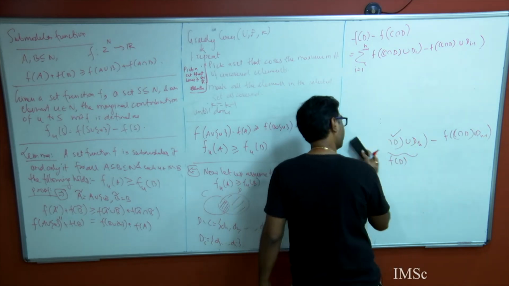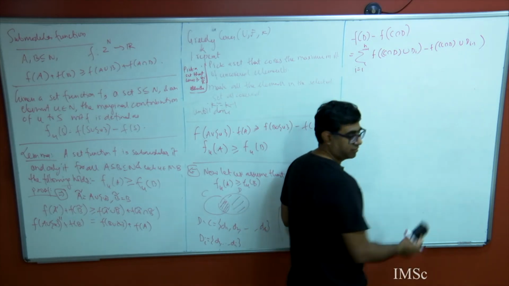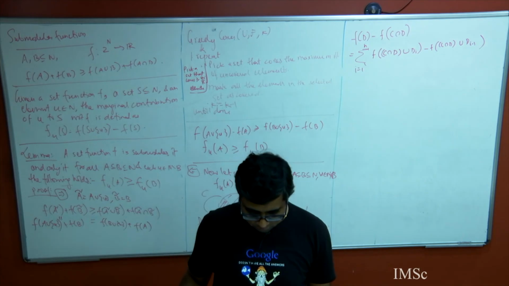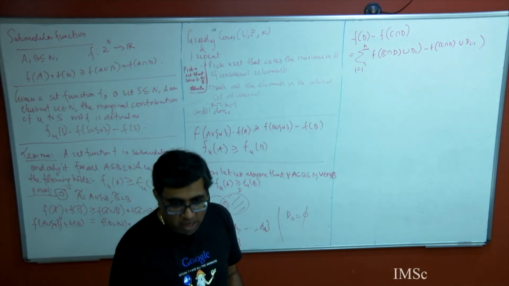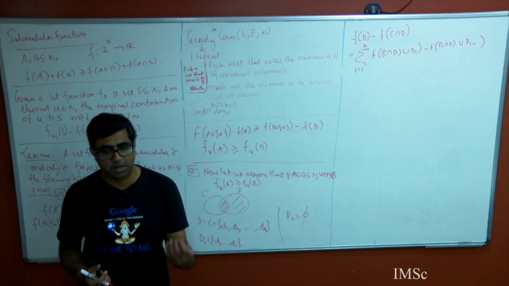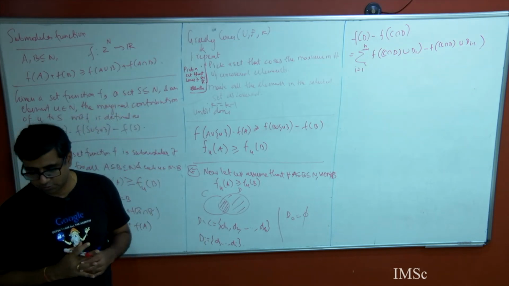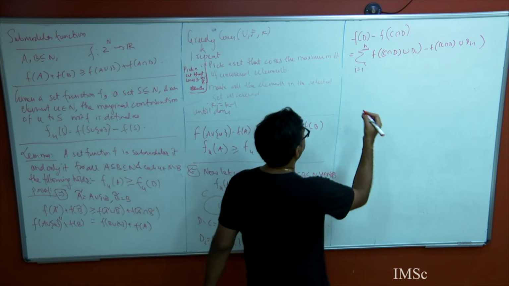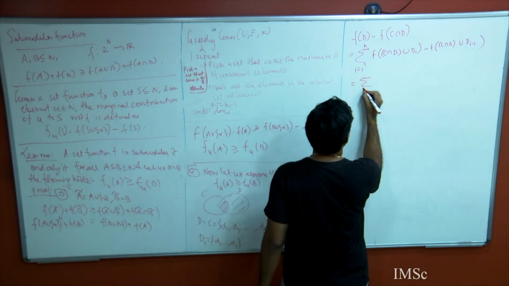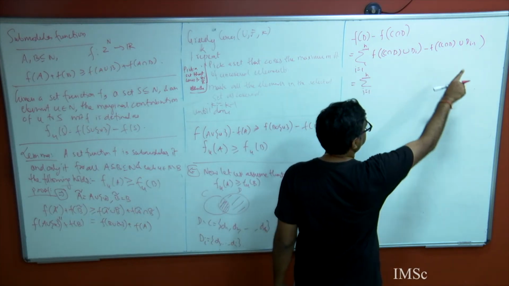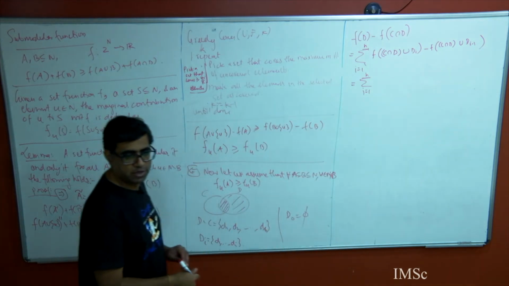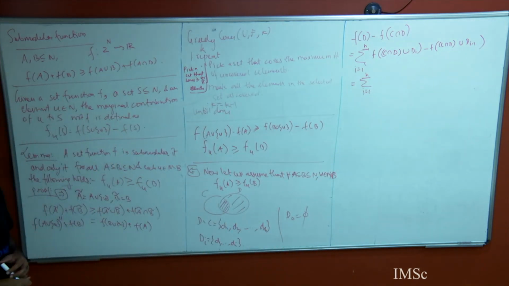But look, what does it mean? Even if I have a bigger set, I could write things in terms of how these things are added one by one with respect to their utility. Okay, so this is what we're trying to show. But now, what is this summation I equal to 1 to h in terms of utility?